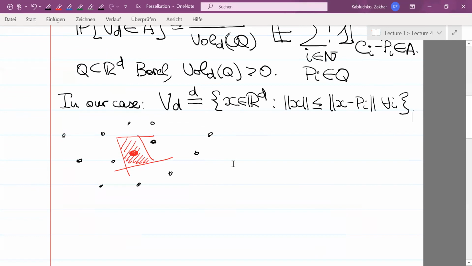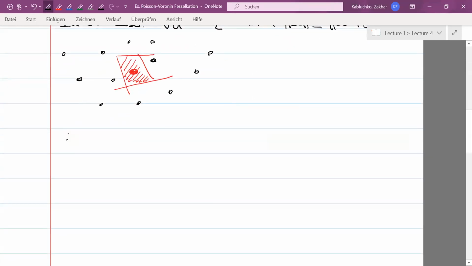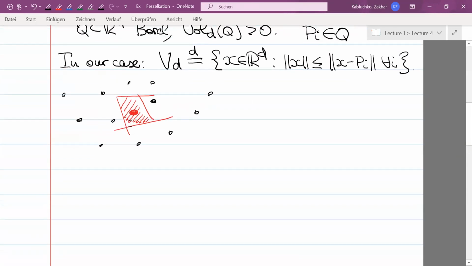And now we claim that the typical cell can be related to the beta prime polytopes, or more precisely to their limits, the Poisson polyhedron. I will just give the derivation.